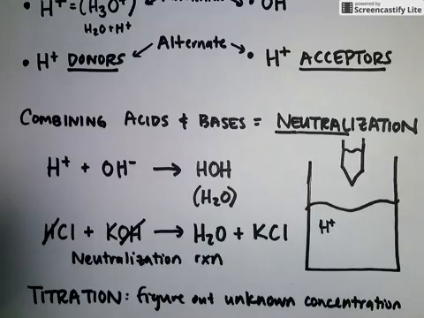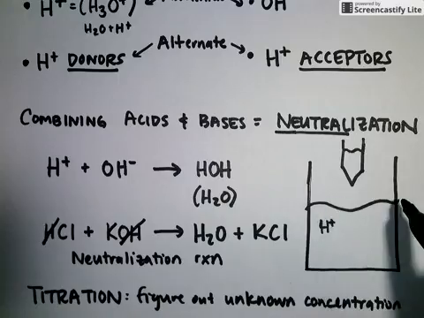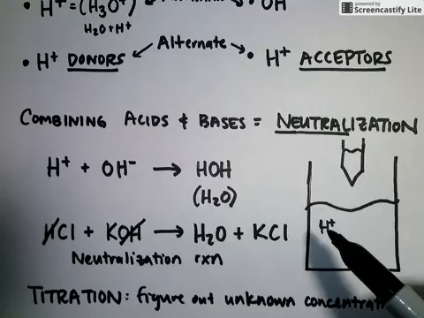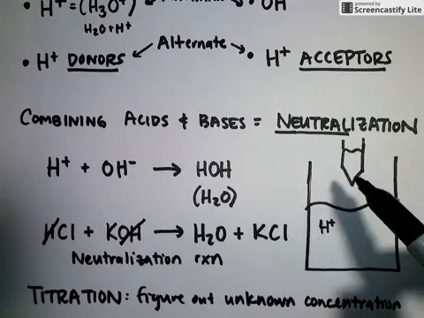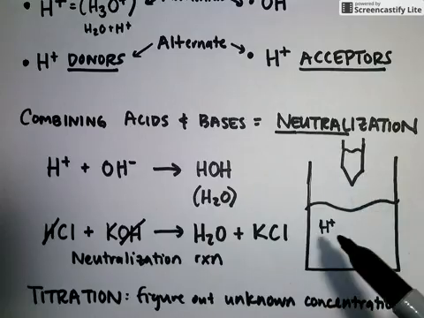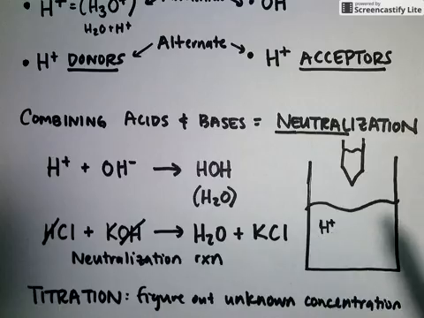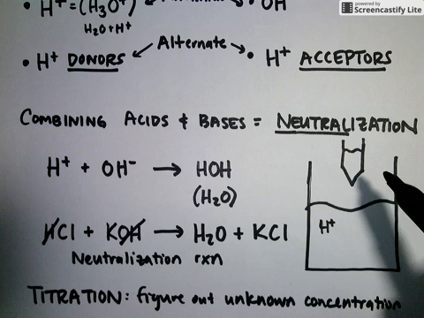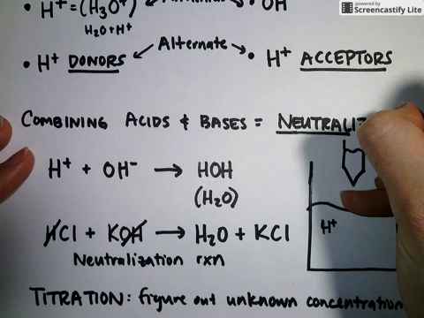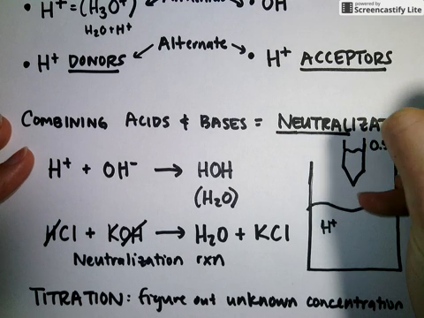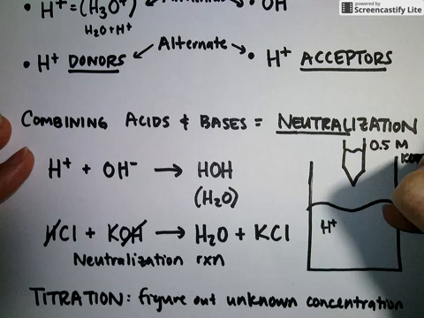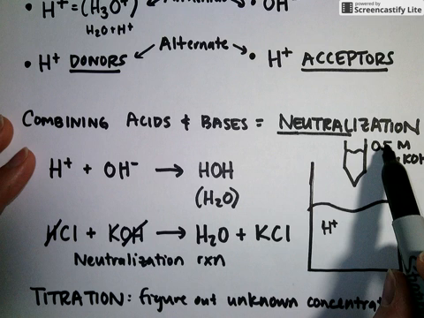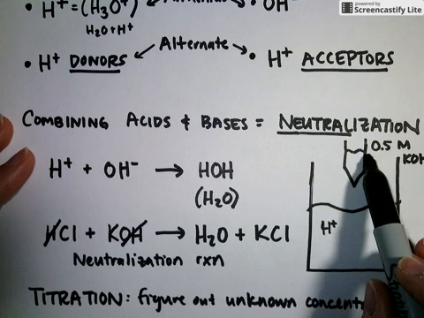So what a titration does is take a known amount of a particular substance, either an acid or a base, and use its opposite to neutralize it. Let's walk through an example where we have some unknown acid and we're trying to neutralize it using a known concentration of base. Let's say I made 0.5 molar KOH. I know that this solution contains a certain amount of OH- ions.